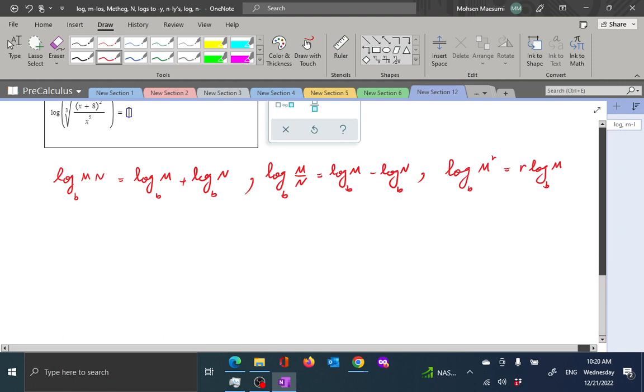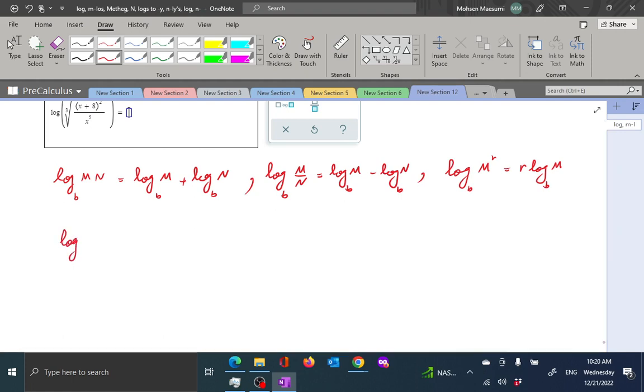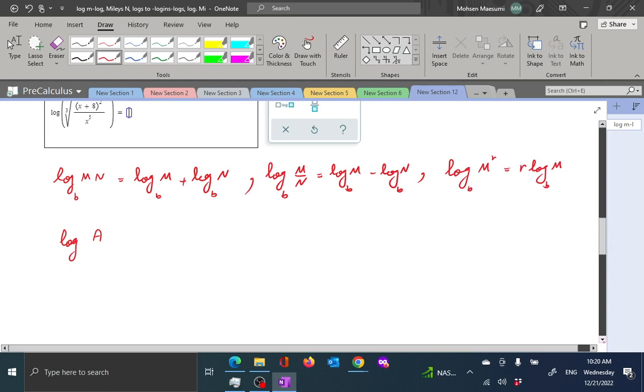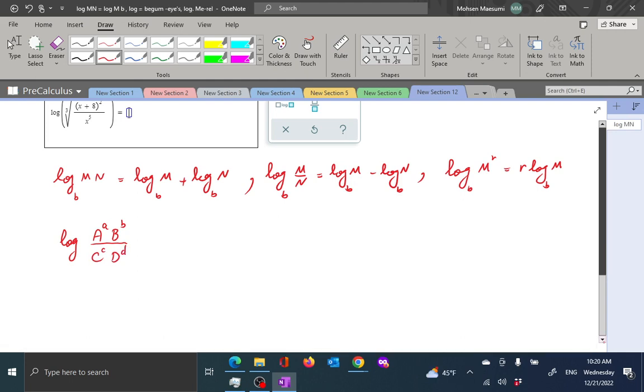So if you combine all of these things, what can we write? Here, let me combine it. Say logarithm of a to power of little a, b to power of little b, over c to power of little c, d to power of little d. I'm running out of letters. Let's call this one k.